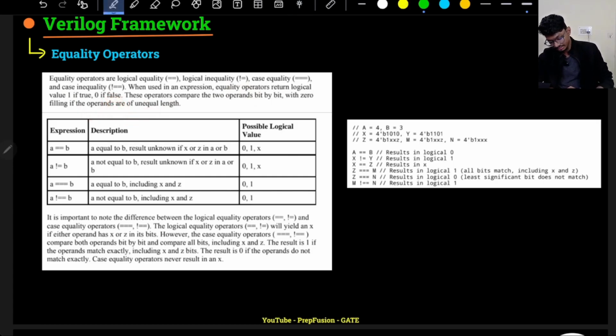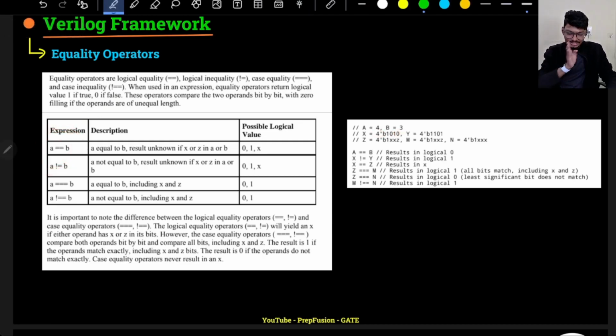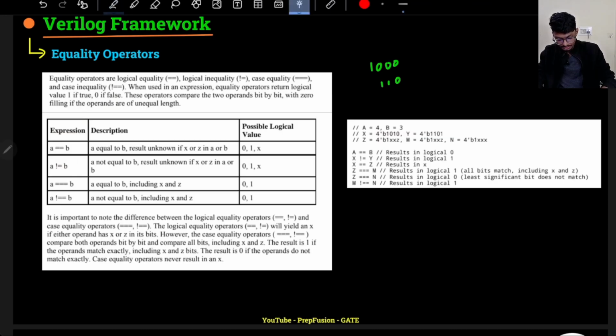So if I have written a equal b, and if a and b are 4 and 3, it will check each position bit by bit, whether they are equal or not. So if I write here a is 100, and b is 110. First of all the bits are unequal, so what the logical equality operator will do is first pad a 0 to make the number of bits equal.